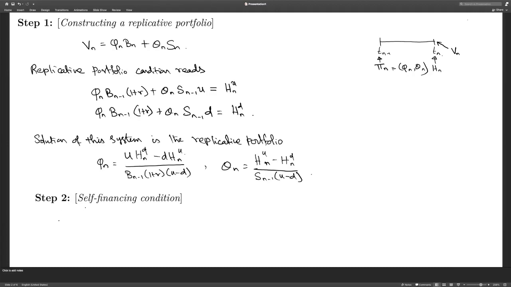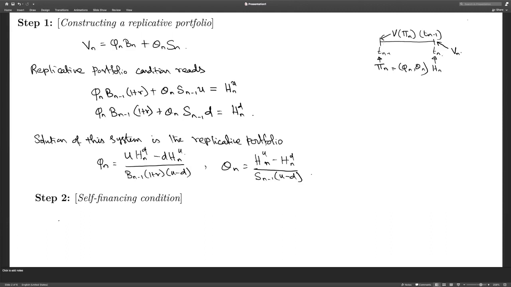As a next step, we will use the self-financing condition, which is also one of the assumptions that we made on our trading strategy. So what it says is that the money that you use to set up the portfolio pi_n, what is the money that you have spent to set up the portfolio pi_n? It is nothing but the value of pi_n at T_{n-1}.